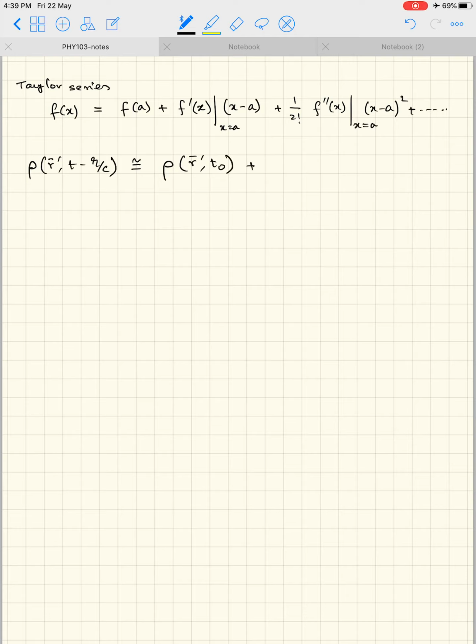Plus the second term is going to be the derivative of rho with respect to this.